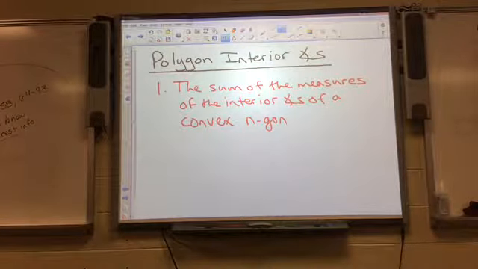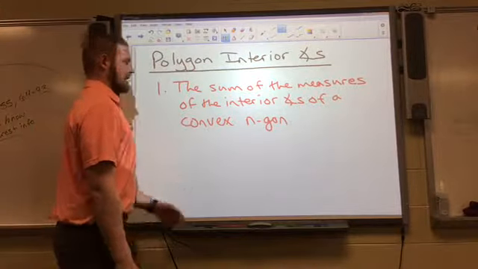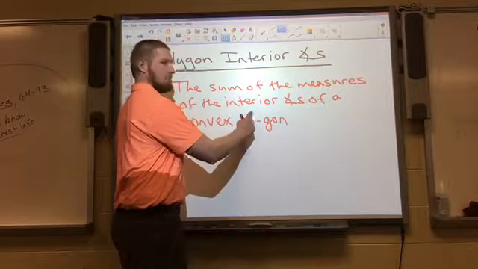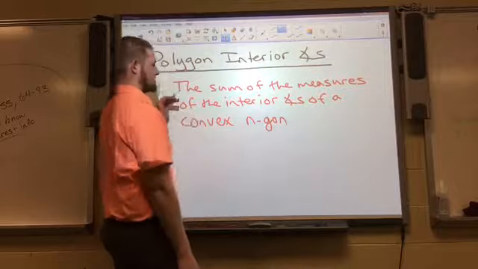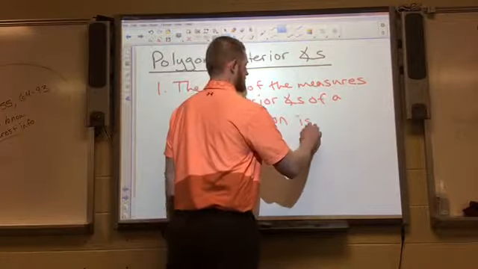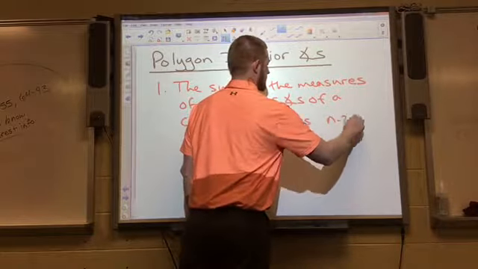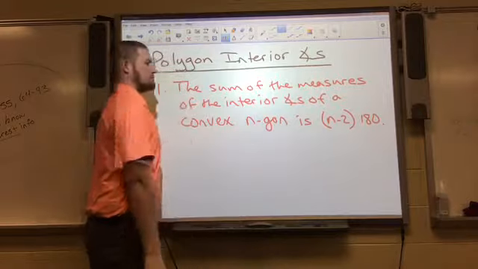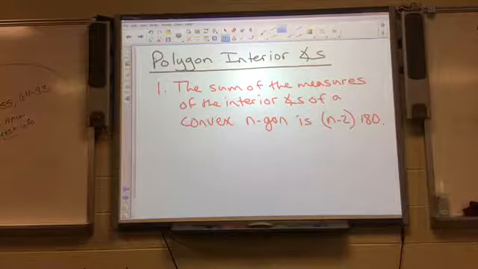So it could be a 30-gon, it could be a 90-gon, it could be an 8-gon, which would be an octagon. Whatever, n just means number of sides. So the sum of the measures of the interior angles of a convex n-gon is n minus 2 times 180. Again, n stands for what? The number of sides, which is going to be the same as the number of angles, so it just depends which one you want to count.